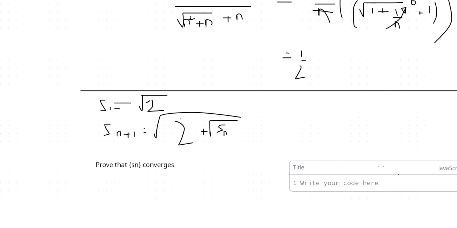How do I explain this? Sn is positive and Sn square is also positive.